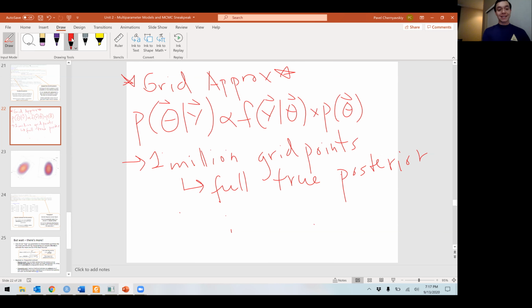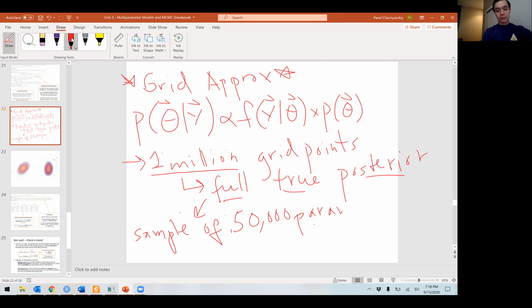But 1 million points is a lot to even plot anything or do anything with. From this full, true posterior, I took a sample of 50,000 parameter values.